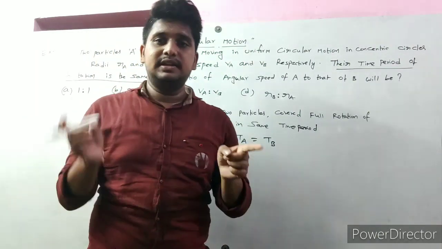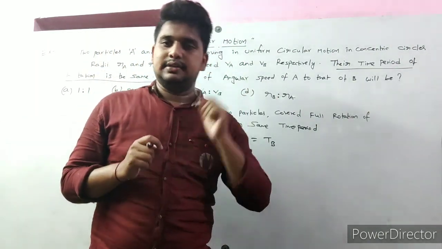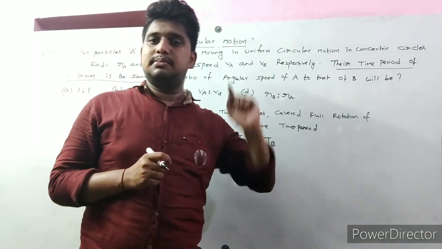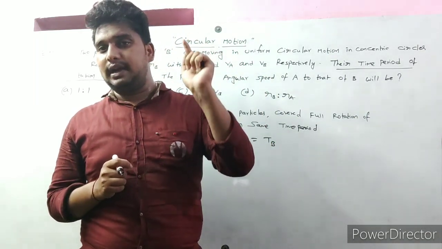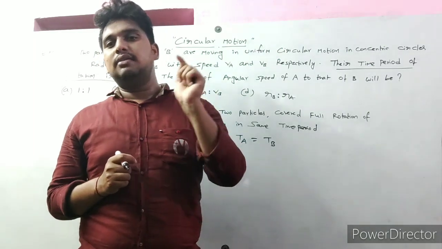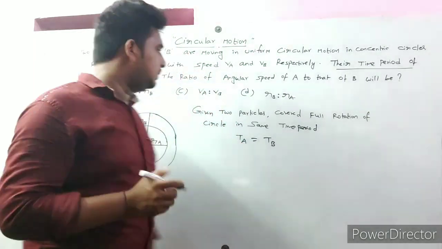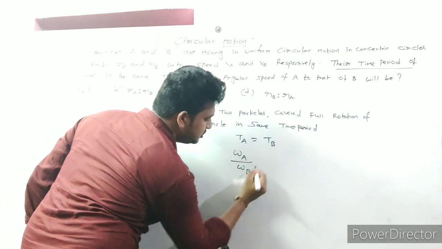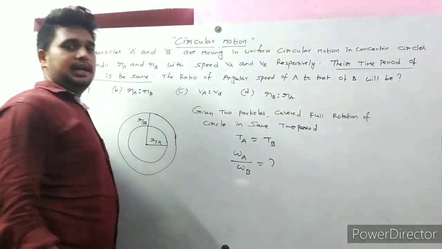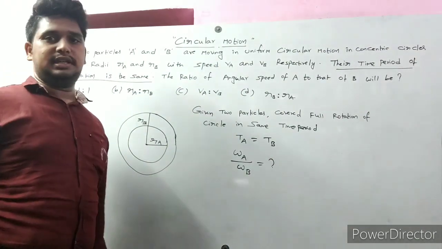That is the difference between linear velocity and angular velocity. Here, the ratio between the angular velocity of particle A to the angular velocity of particle B, that means omega A by omega B, we need to find.